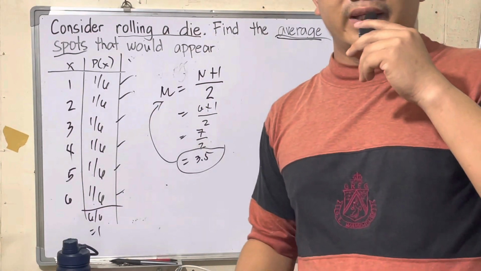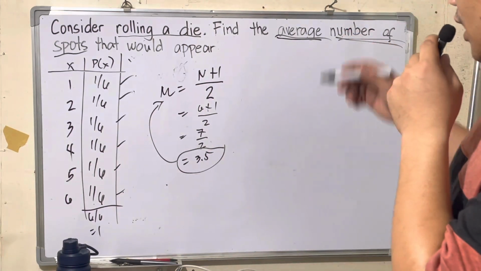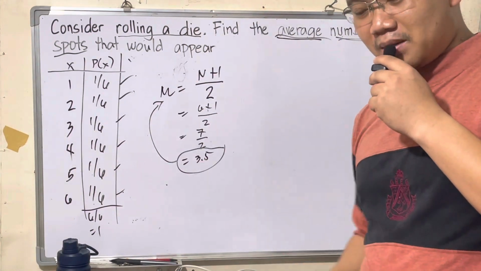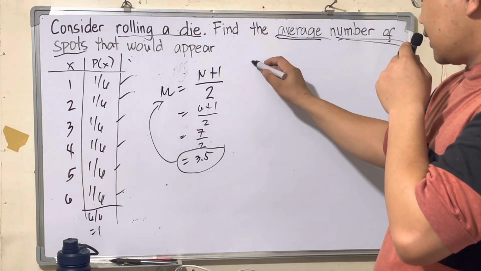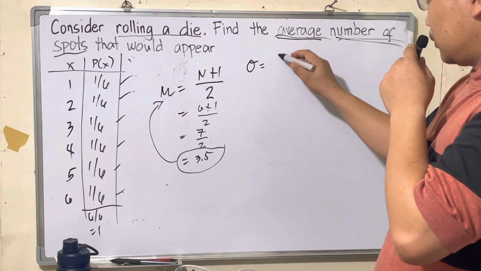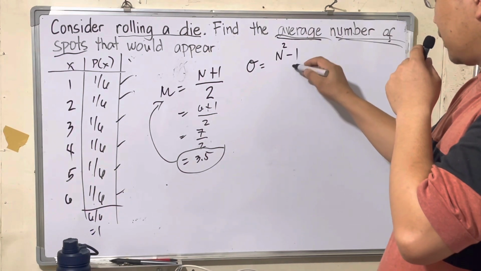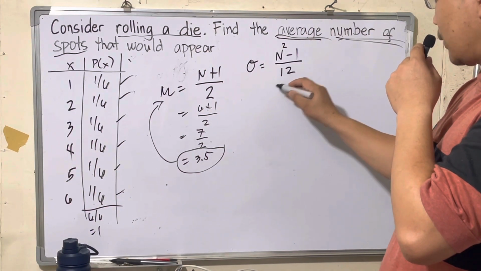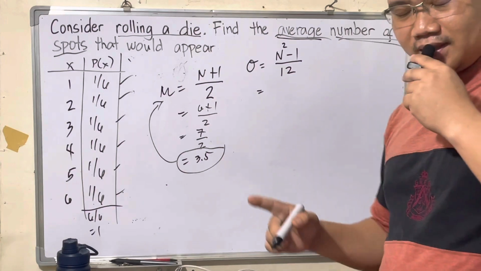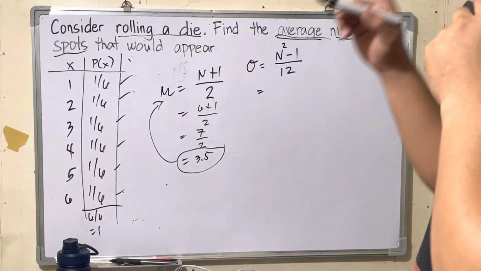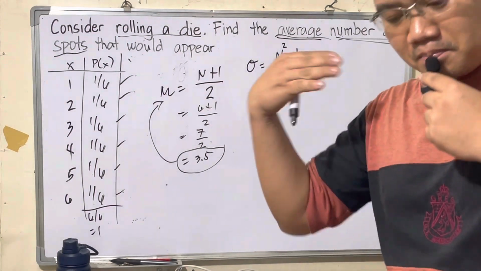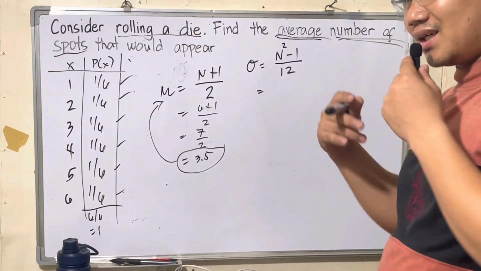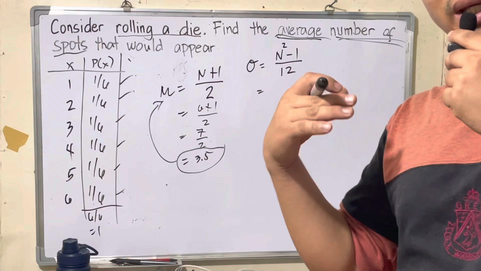Next, how to find the variance using uniform probability distribution. The formula for variance is equal to n squared minus 1 over 12. Again, the value of n is the possible outcomes. There are 6 possible outcomes in rolling a die.